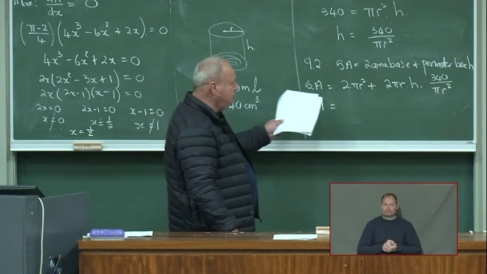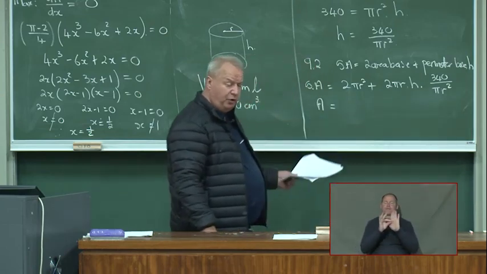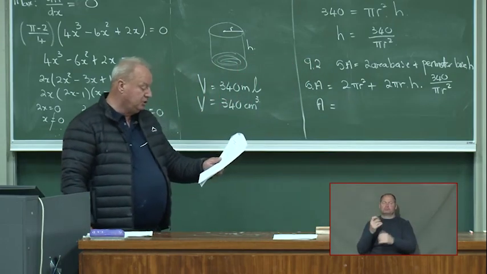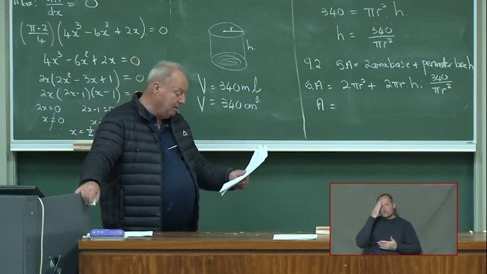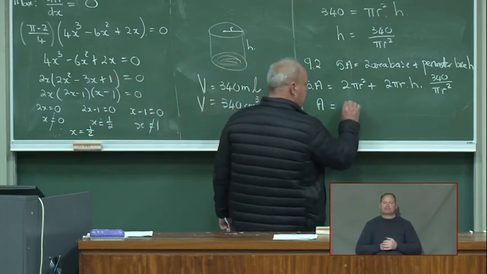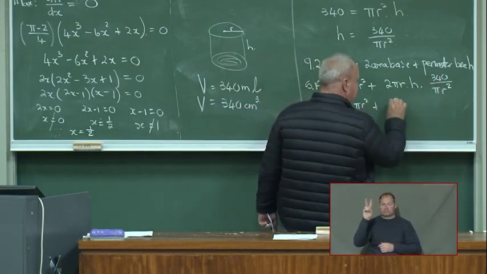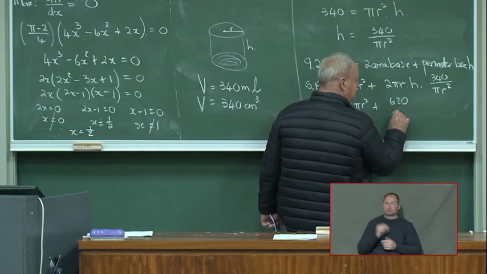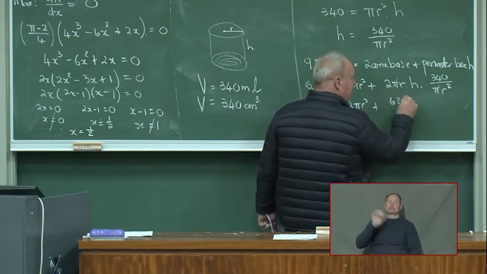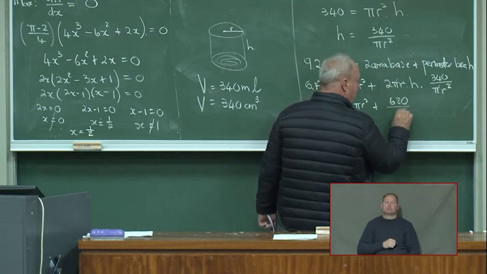So now I'm going to simplify that so I can get a formula which I can differentiate in order to determine the minimum surface area. So here we can say that A is equal to 2 pi radius squared plus 2 times that is 680, correct? The pi's cancel out, the r cancels out with one of them, so it's 680 over r.